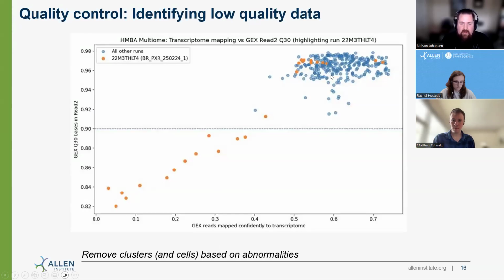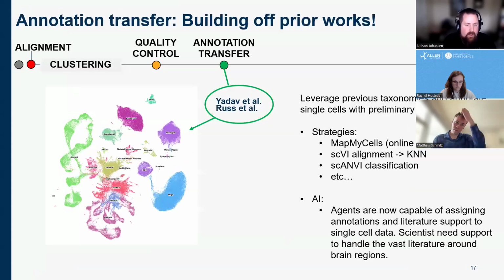Each dot here is a different sequencing library, and you can see that poor alignment leads to poor transcriptome alignment, which means that those cells have probably very messy gene expression profiles. And really, this quality control process requires you to look at a lot of different aspects of data. But you can get through that.